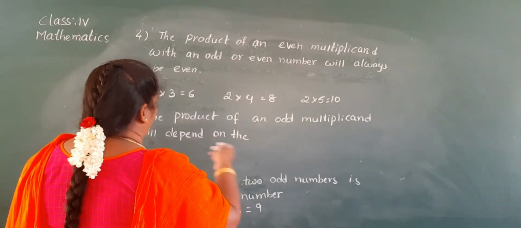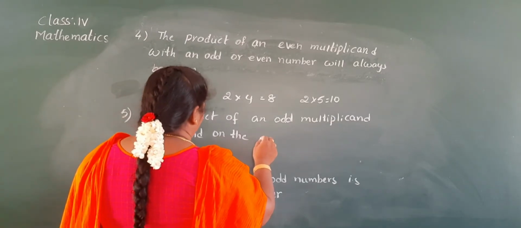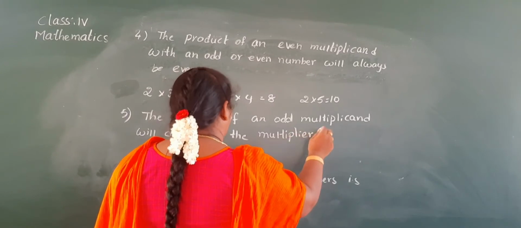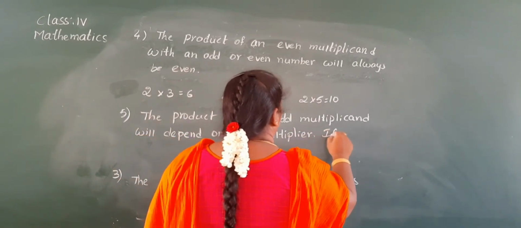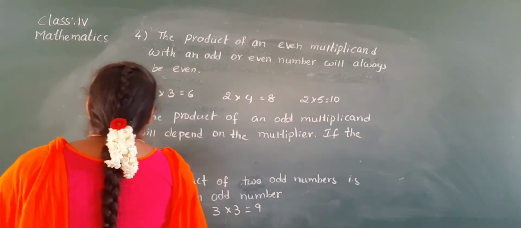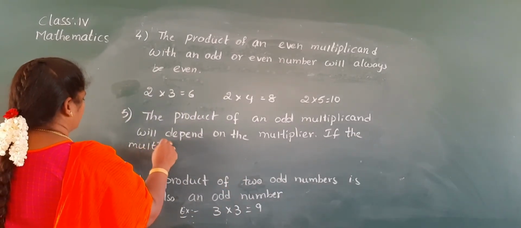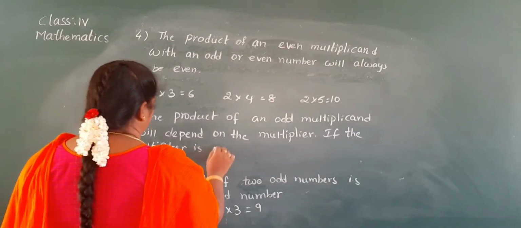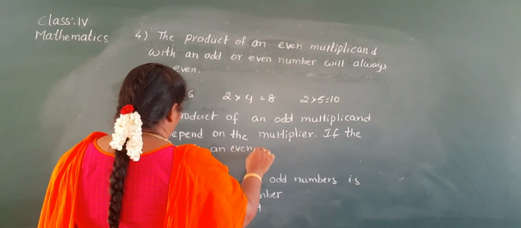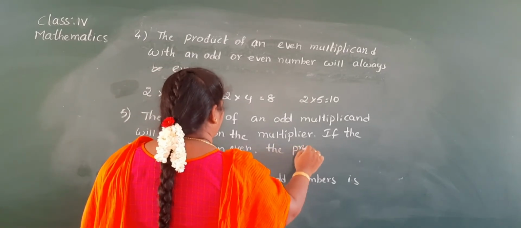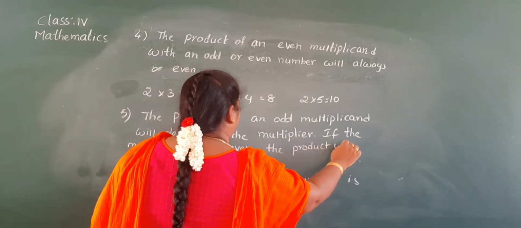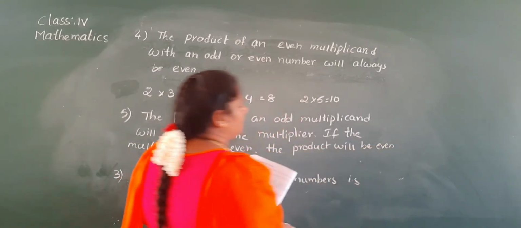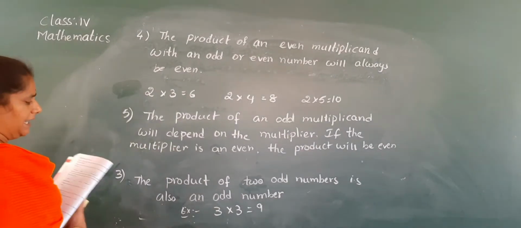So the product of an odd multiplicand will depend on the multiplier. If the multiplier is even, so you write that one. If the multiplier is even, the product will be even. I said you know, Nana, before, the product of odd and even is even only.